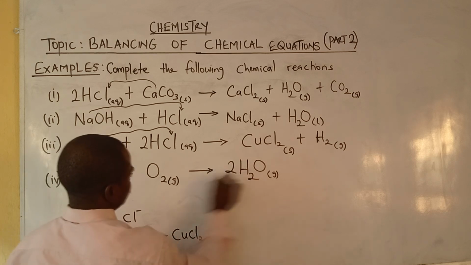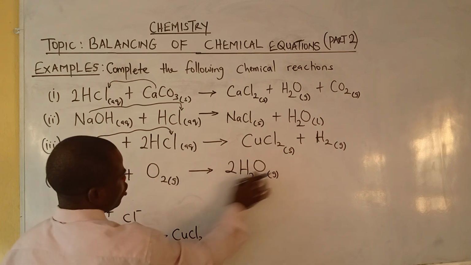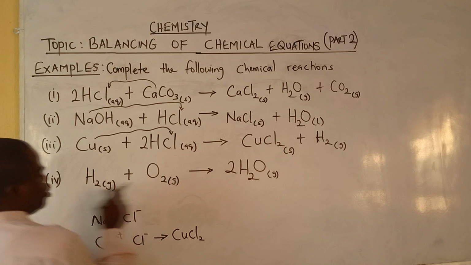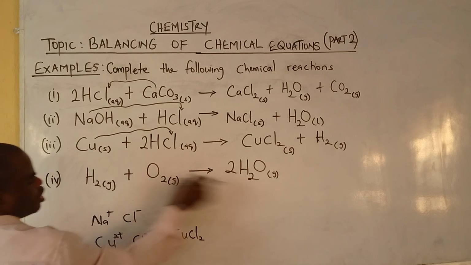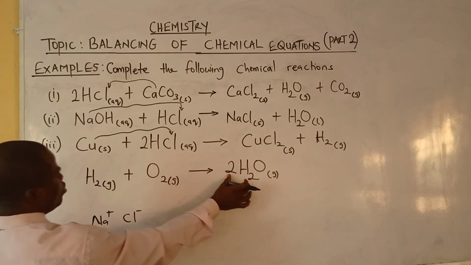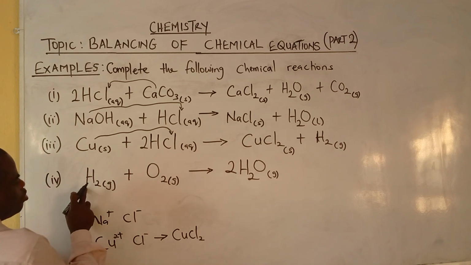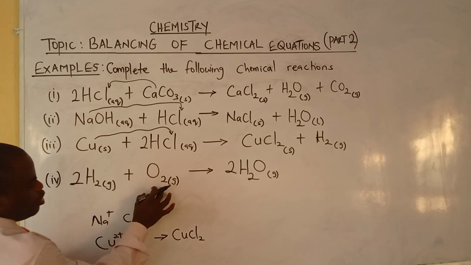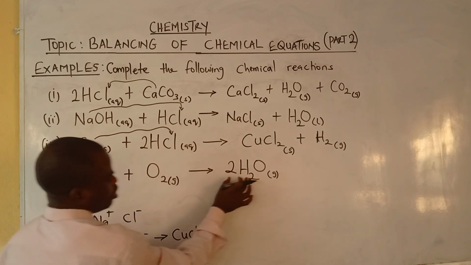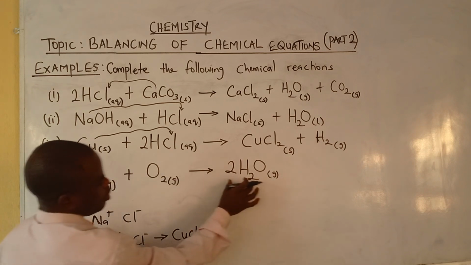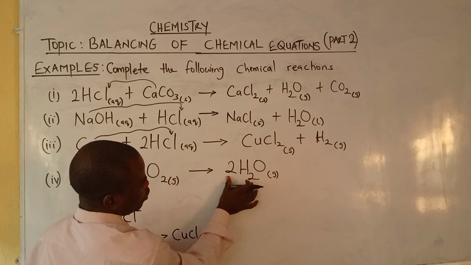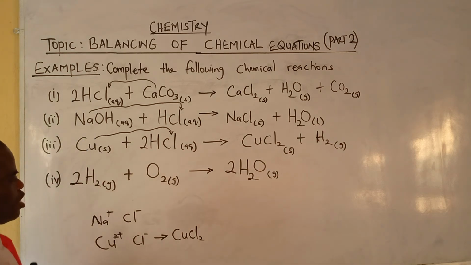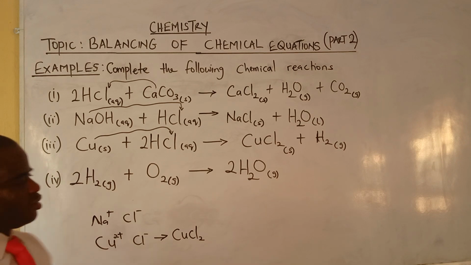Now add 2 here so that I can have 2 oxygen, but because of adding 2 to balance this oxygen, you have to add 2 here because 4 hydrogen has been formed. 2 times 2 is 4. This still remains 2. You add 2 here. You're having 4 hydrogen, 2 oxygen at the reactant side. At the product side, we're having 4 hydrogen, 2 oxygen. That means that our equation is balanced.